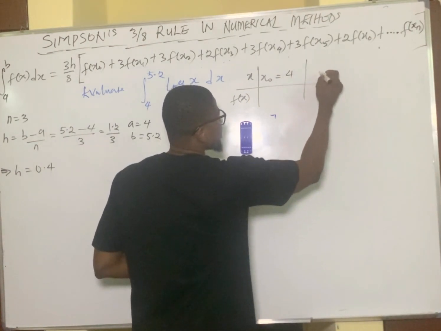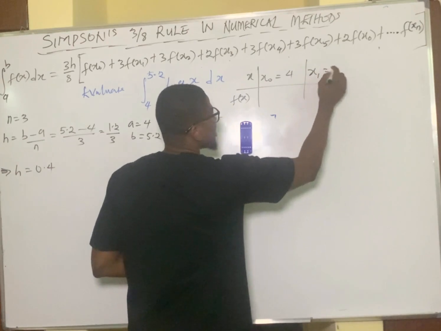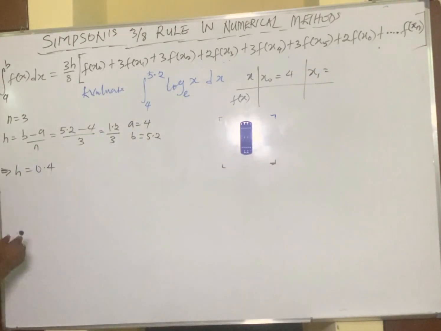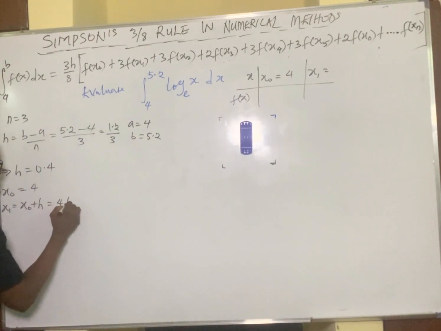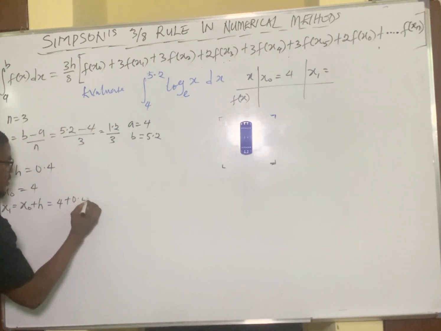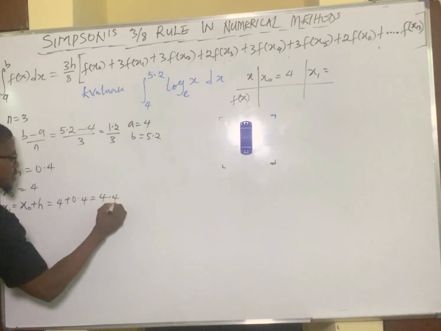Next we'll find x1. x naught is the lower limit, which is 4. x1 is equal to x naught plus the interval, so 4 plus 0.4, which is 4.4.